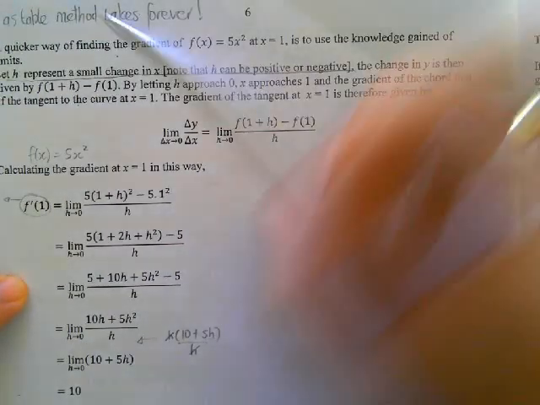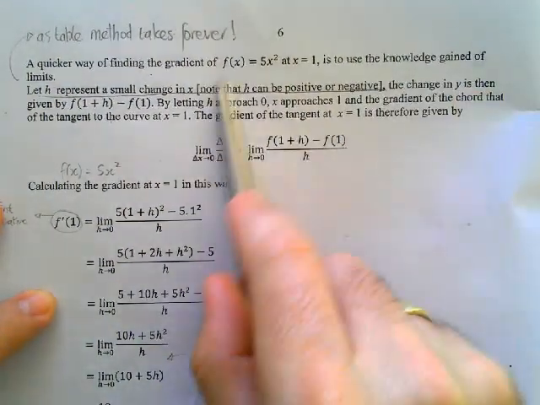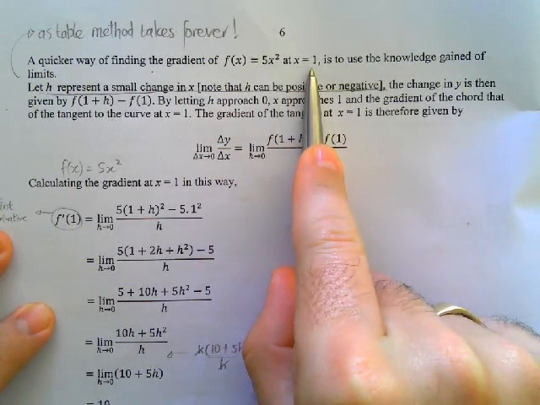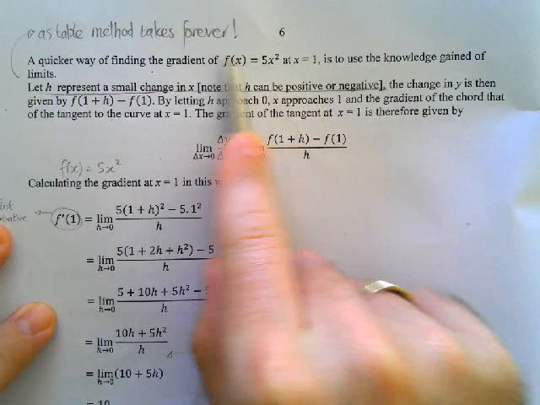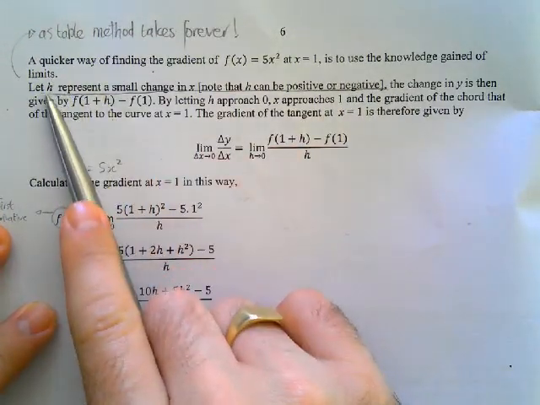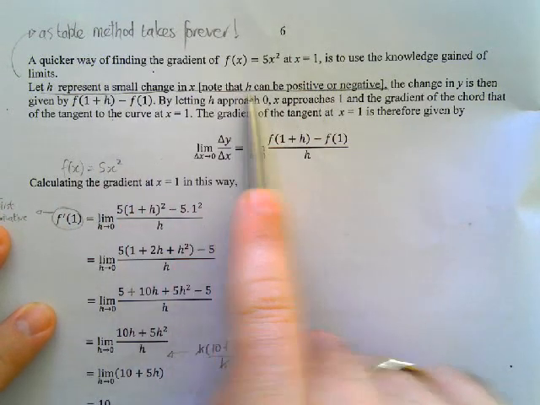The next page said, a quicker way of finding the gradient of this function that we've just worked out at x equals 1, instead of doing the table method, which just takes forever, is to use the knowledge gained of limits. Let h represent a small change in x. Note that h can be positive or negative.